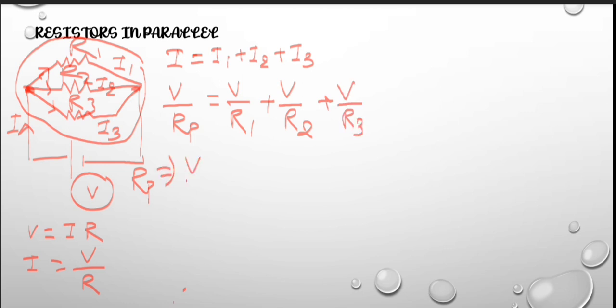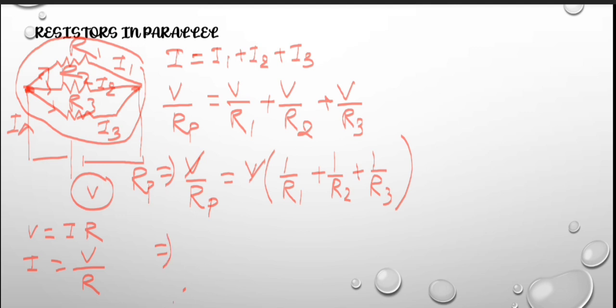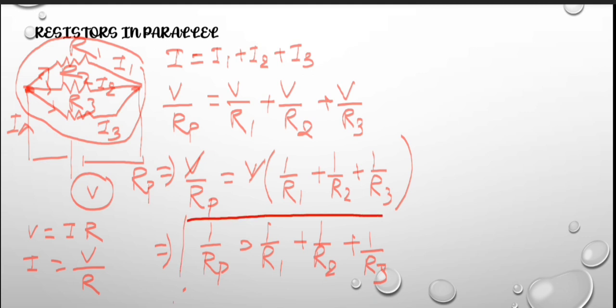Now, V upon Rp will be equal to, let us take V common in all, 1 upon R1 plus 1 upon R2 plus 1 upon R3. This V and V get cancelled. Therefore, we are left with 1 upon Rp is equal to 1 upon R1 plus 1 upon R2 plus 1 upon R3. So this is the equation to find the resistance of the resistors connected in parallel.